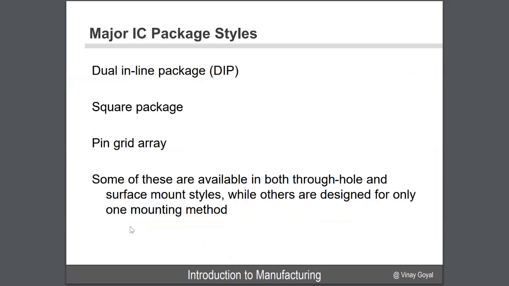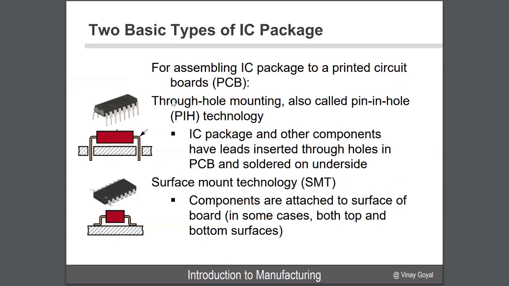Then you have major integrated circuit package styles: the dual inline package, the square package, and the pin grid array, and some of them may be either the top or the bottom. So you either have a PTH system or an SMT system. The top one goes through the material and is soldered on the other side, while the surface mount one is soldered on the top.